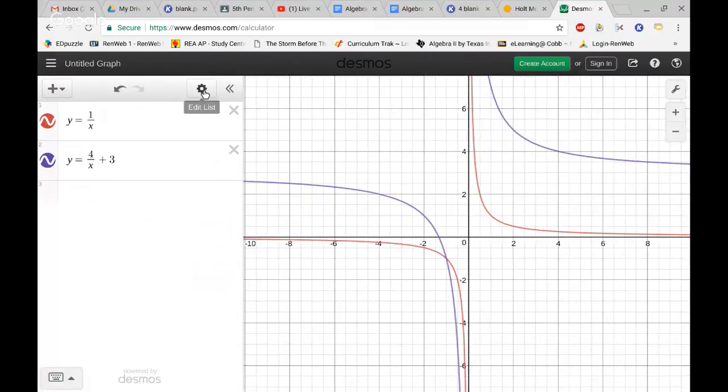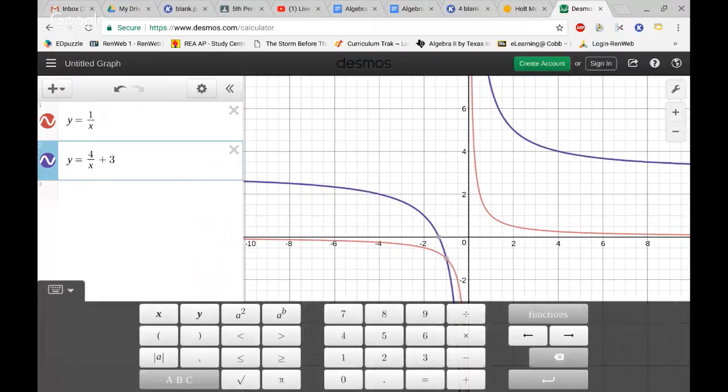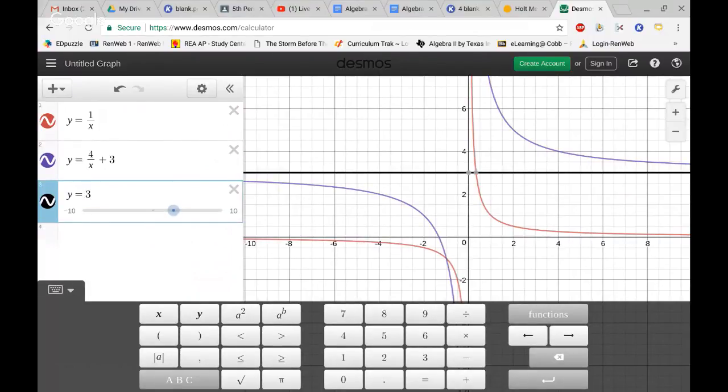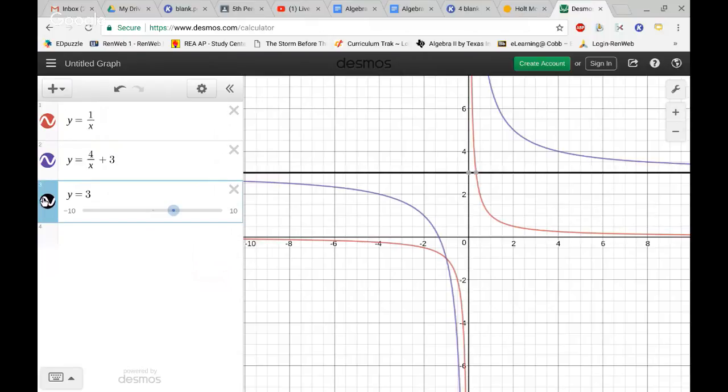Oh, you know what I'm going to do? I'm going to enter y equals 3, and I'm going to see if I can make it dotted for you. There surely has to be a way. See the black line that I just added?